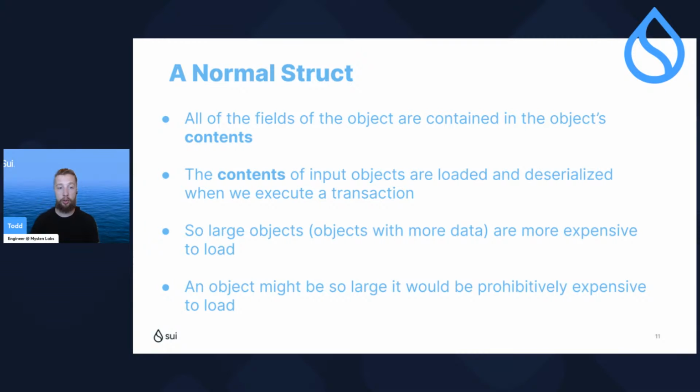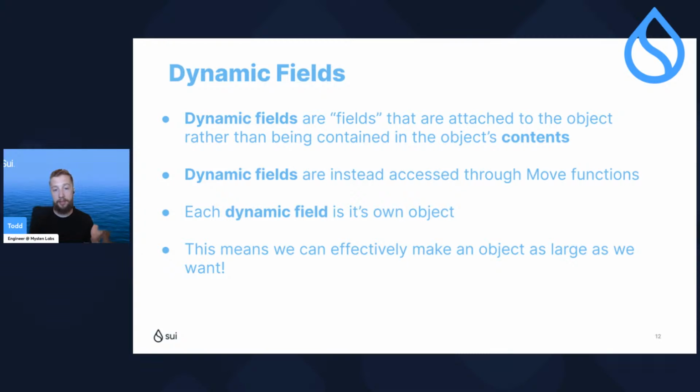So what do we do in those cases where we're running up to that line or we want to reduce the size of our objects? We have dynamic fields as a possible out. We call them that because the API tries to make them look like fields that are attached to the object, related to the object, rather than being serialized in that vector of bytes.